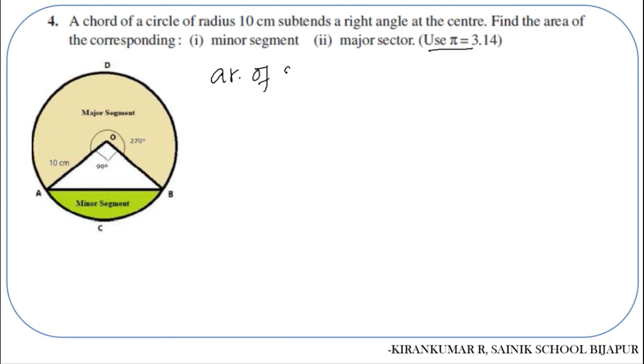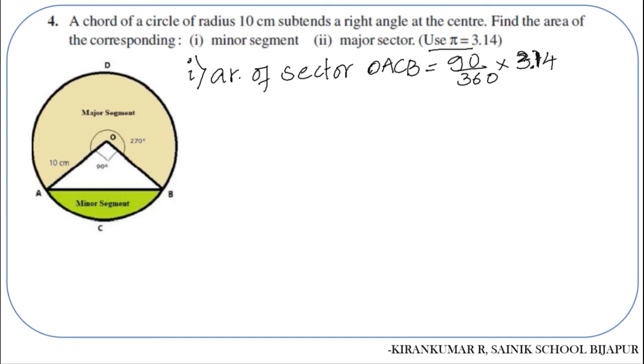Area of sector OACB will be equal to, this is for the first part, 90 upon 360 degree multiplied to 3.14. They have specified that you have to use 3.14 multiplied with 10 into 10. So this is 4 times.